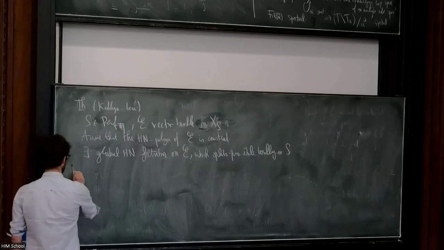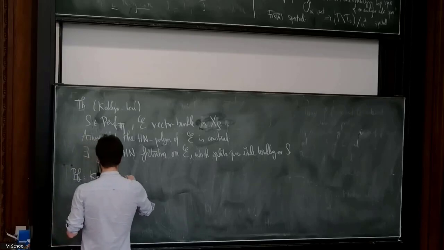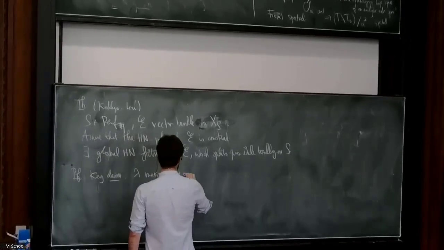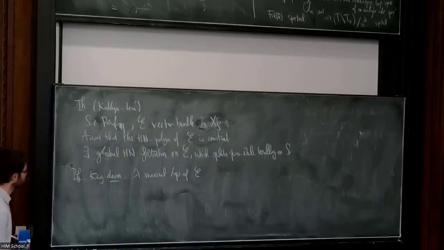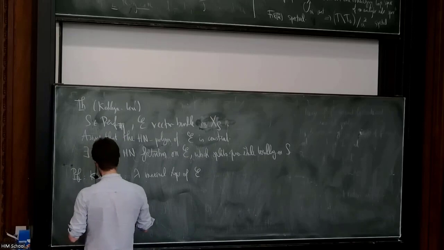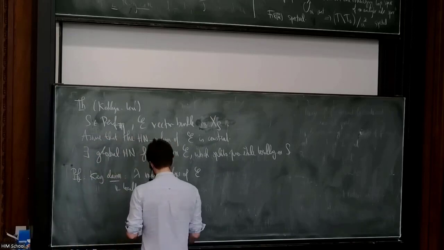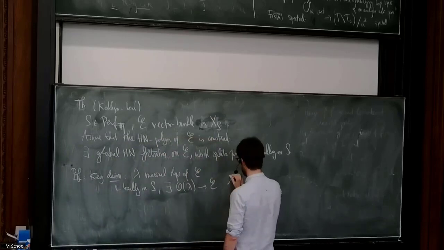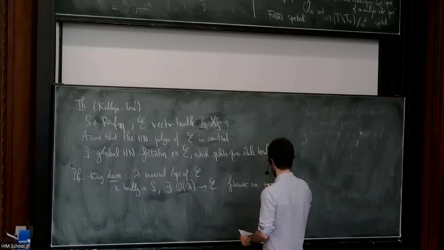So the key claim: you take lambda to be the maximal slope of E, which makes sense since the Harder-Narasimhan polygon is assumed to be constant. And the key is to show that, v-locally on S, there exists a map from O(lambda) to E which is fiber-wise non-zero.